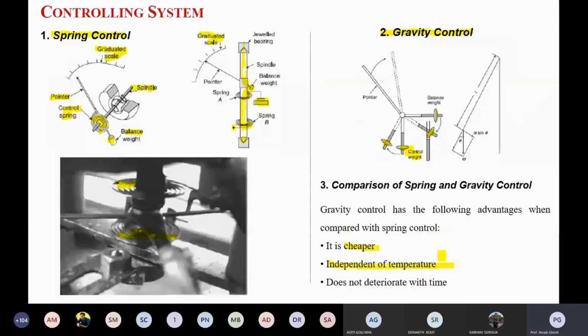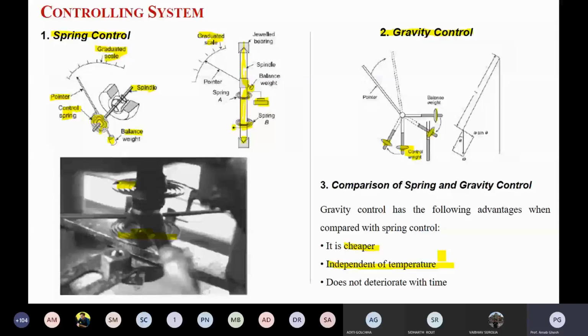Means the resistance of that path will be time invariant and does not depend upon the temperature. So all the time it will give you the exact value and does not deteriorate with time. The aging effect will be lesser in case of balance weight.